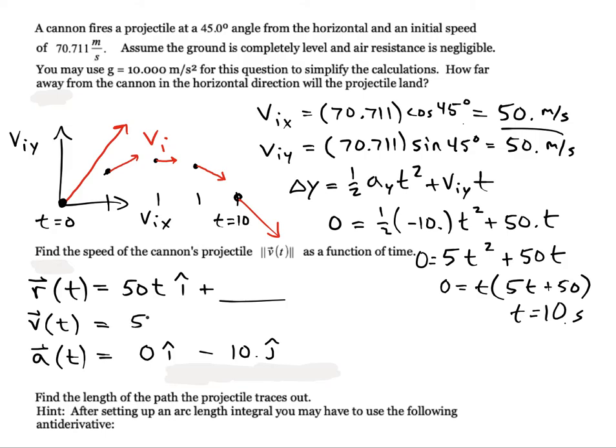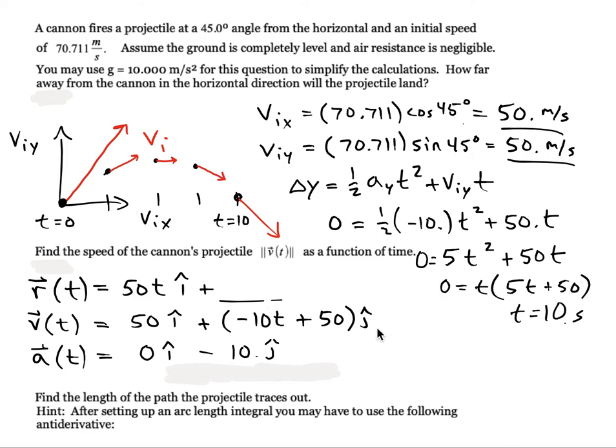It's going to be 50 for the horizontal. When you integrate the negative 10, you have to have your constant at the end. So it wouldn't just be negative 10t. It would be negative 10t plus some initial VIY, so plus 50, because that is what we had found here. Then you'd have that.